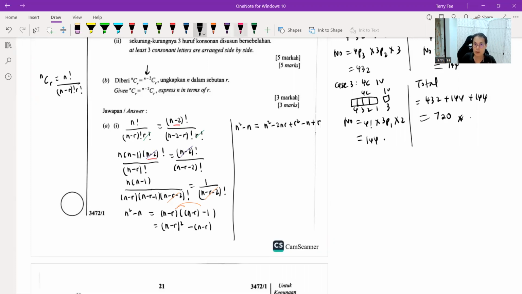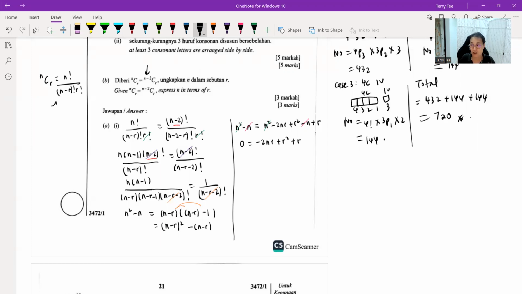Now, notice again, we can cancel minus n here. I can cancel n squared here. So this is now 0. This is minus 2nr plus r squared plus r. Well, it's a lot of algebra involved, yeah? The combination part, the only thing it tests you is the formula, how to use the formula and simplify it.